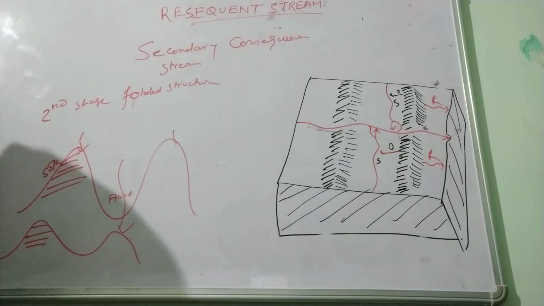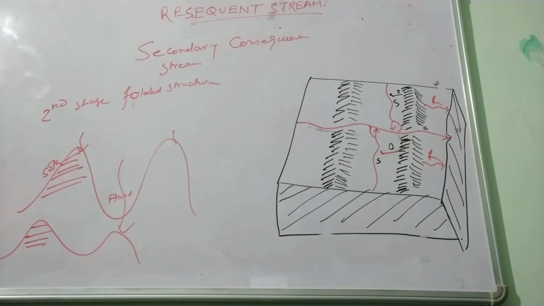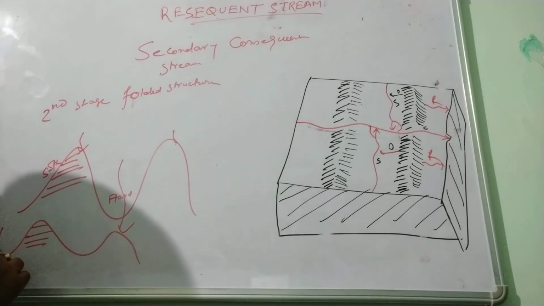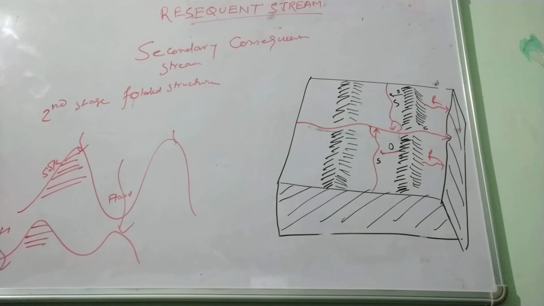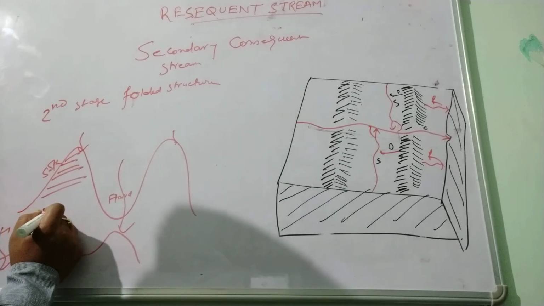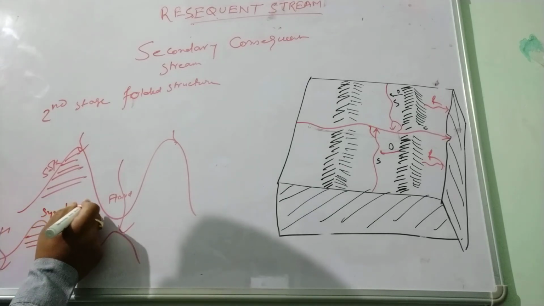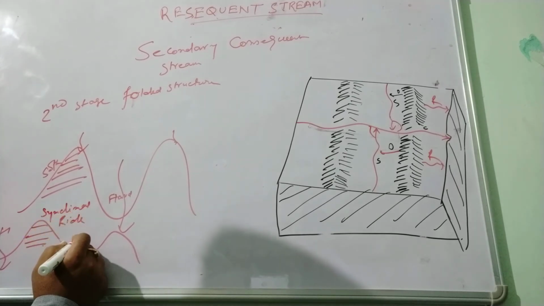So there is a development of inversion of topography. That is due to the gradual generation of the folded mountain during this first cycle of erosion. Inversion of topography is developed by stream erosion, and a lower slope is found here and an upper slope is found here. So here the new streams are developed, which are known as resequent streams or secondary subsequent streams, which run from the synclinal ridge and anticlinal valley.